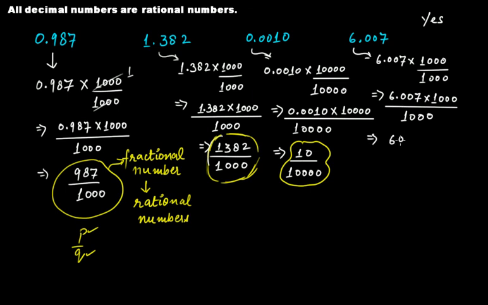This gives you 6007 over 1000. So in this case, yes, it is a positive integer. P can be a positive integer. 1000 is not equal to 0 and it is a positive integer. Yes, q can be a positive integer. Therefore, this satisfies the condition of a rational number. Yes, it is a rational number.